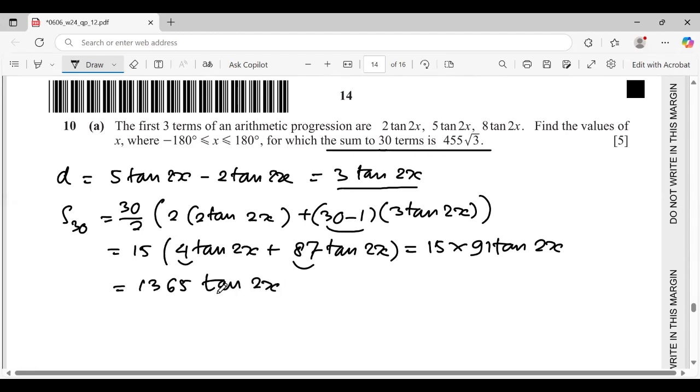After that, set this equal to the given value, 455 square root 3. So tan x equals 455 square root 3 over 1365.